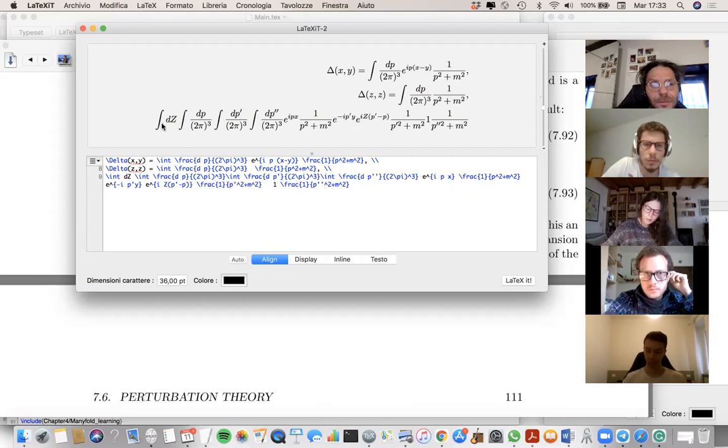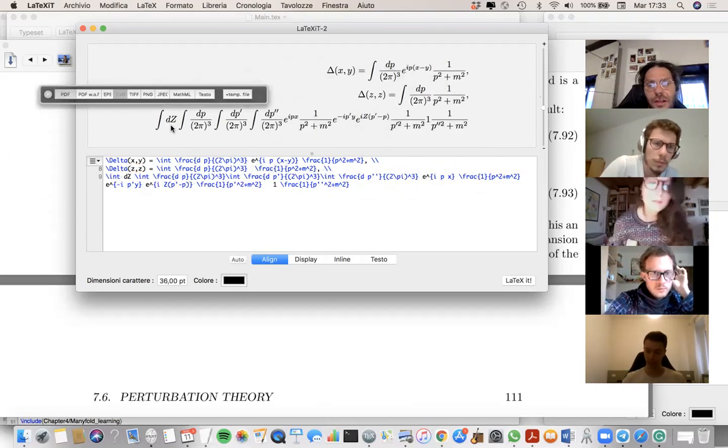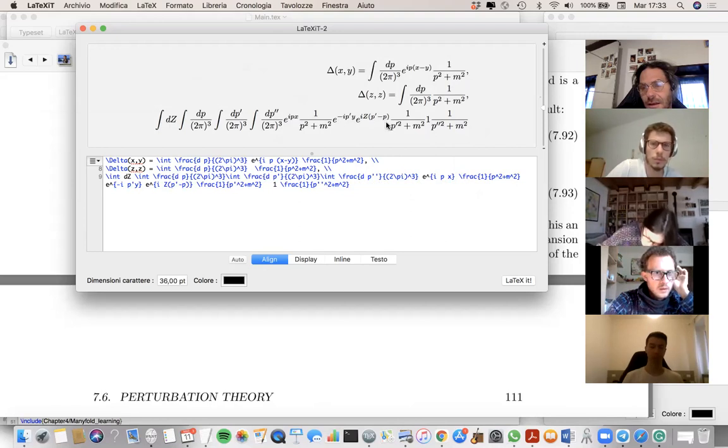Now I'm going to do the integral over dz of these phases. And what is that? 2 pi to the 3 delta function of p prime minus p, right?